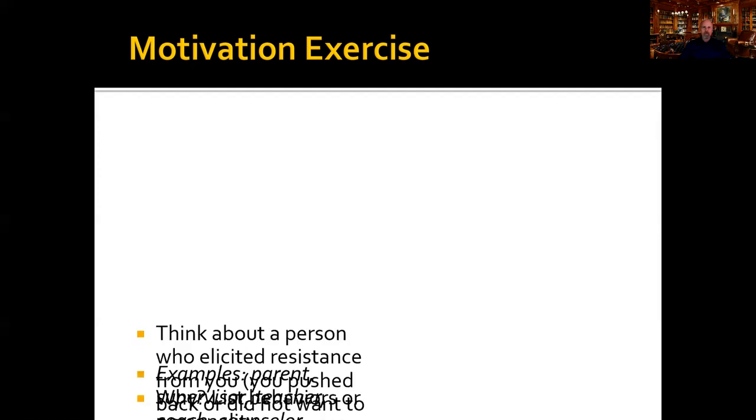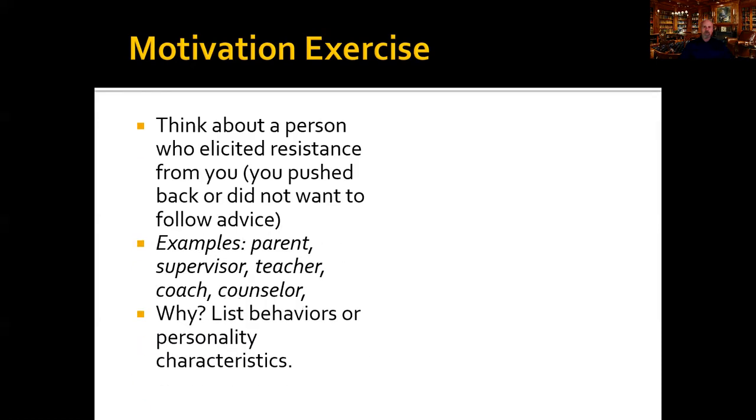So the first thing that I would invite you to do is to think about a person who elicited resistance from you. Meaning, I want you to think of an actual person, somebody in your life who, when they tried to help you or they gave you advice about something, you pushed back on that. You did not want their help or you did not want their advice.